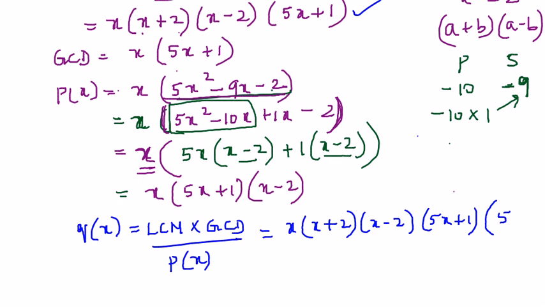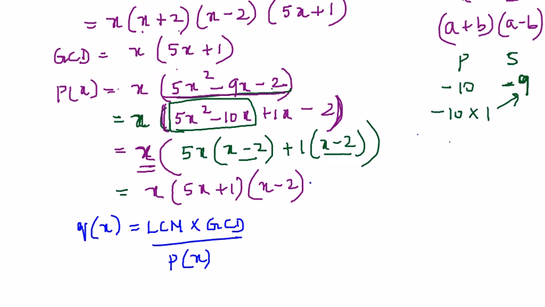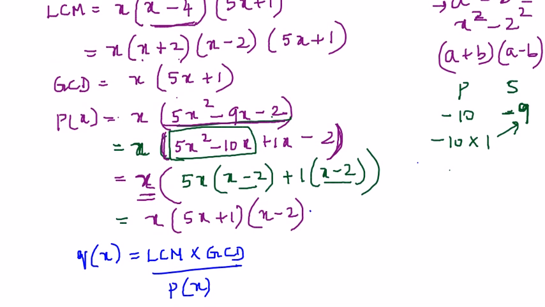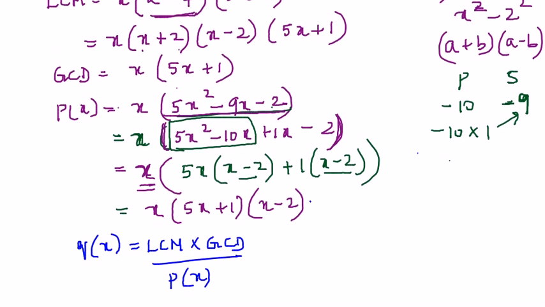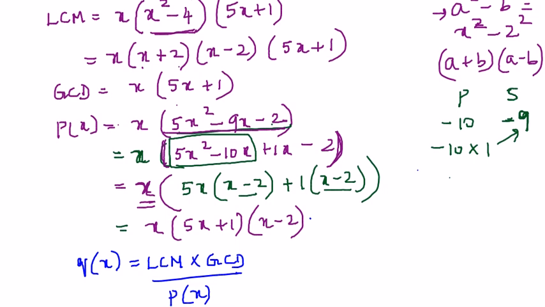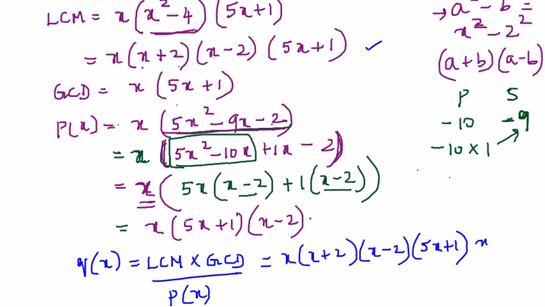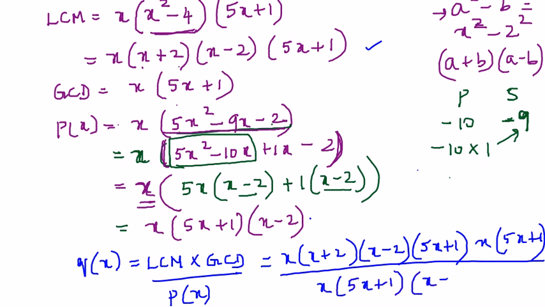GCD was x into 5x plus 1, right? So to find Q of X, we're going to use this formula. Let's write it down. The GCD is x into 5x plus 1, divided by P of X, which is x into 5x plus 1 into x minus 2.